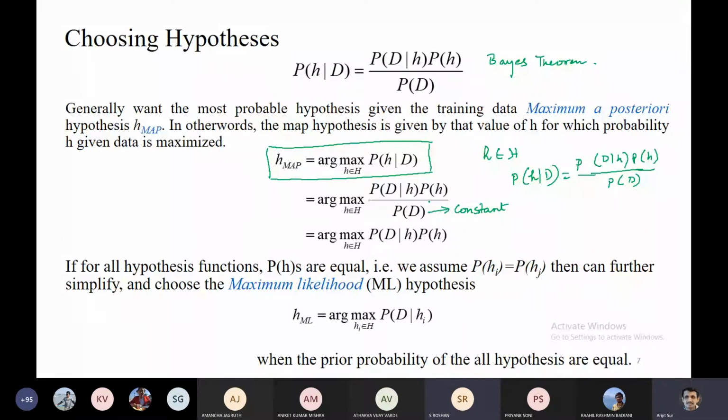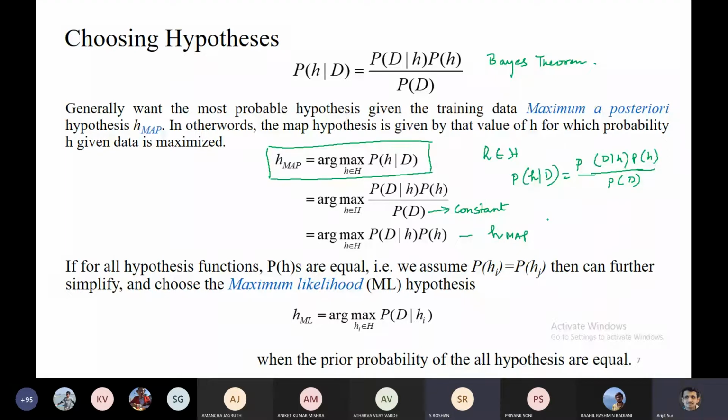So we can neglect this, and we get argmax over H belongs to hypothesis space H of P of D given H times P of H. So this is the H MAP, the maximum a posteriori, that we are trying to understand in Bayes learning. Okay. This is the very naive, fundamental definition.